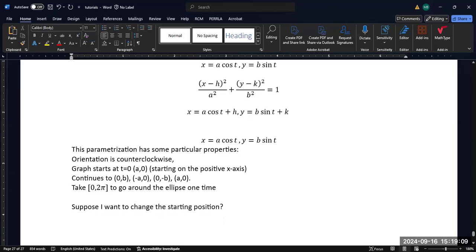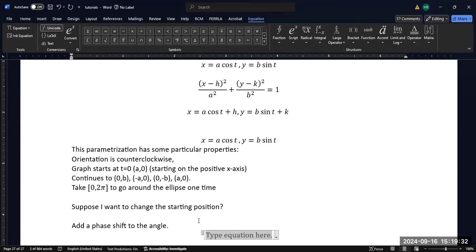So maybe I don't want to start at the positive x-axis. I want to start at the positive b-axis, the positive y-axis. So what you can do is add a phase shift to the angle. So the phase shift can get you to actually start anywhere on the ellipse you want, as long as you can calculate the angle where that is represented.